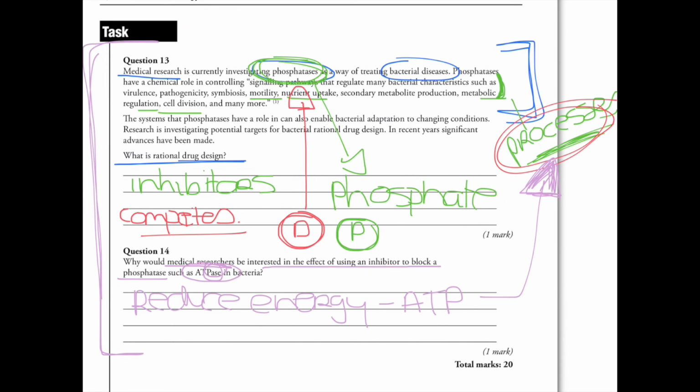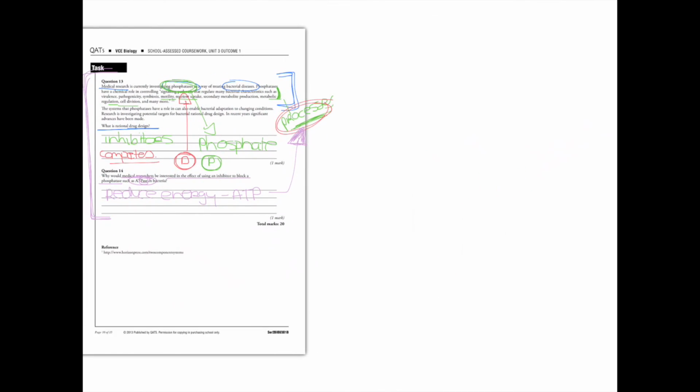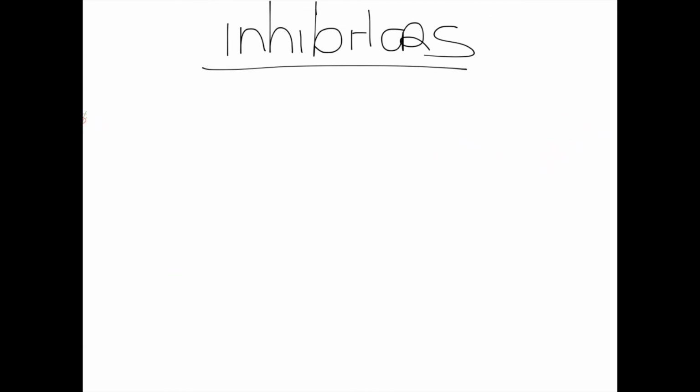It is important that you do know about inhibitors, so I might just come over here and briefly go through them. I'm just going to use shorthand, but you've got competitive and non-competitive. On an enzyme, I'll just draw the one that's in our classroom.